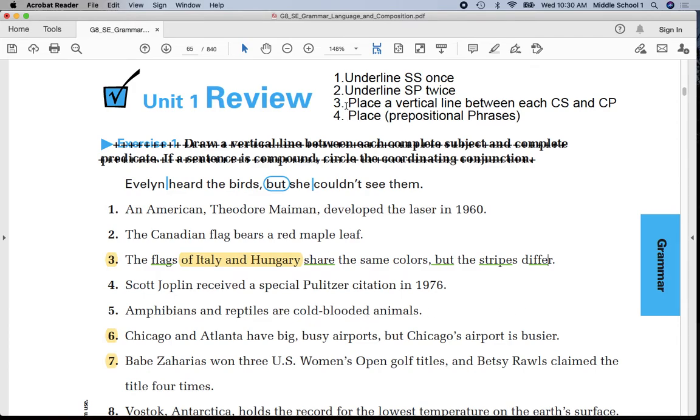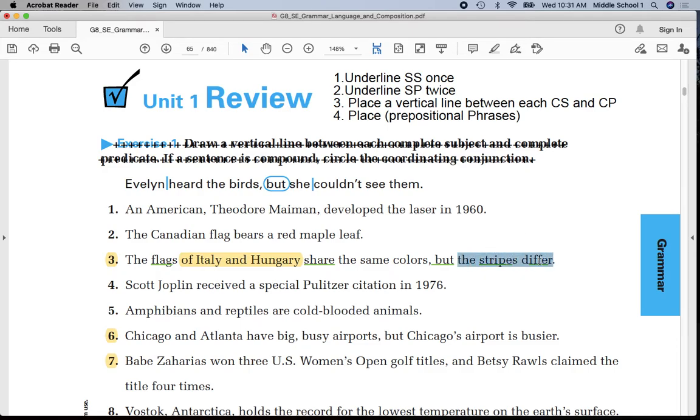And now I need to place a vertical line between each complete subject and predicate. So I'm going to look at my first sentence. Flags of Italy, line between Hungary and share. The stripes differ, line between stripes and differ.